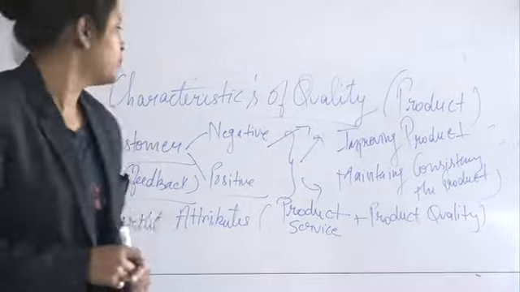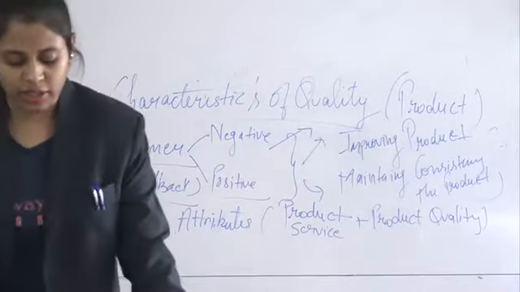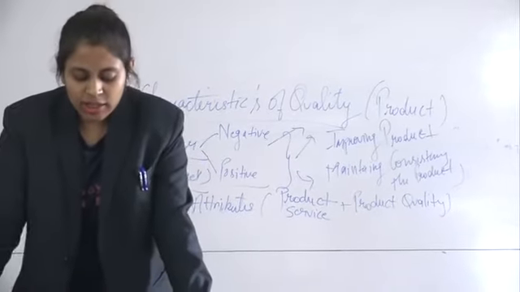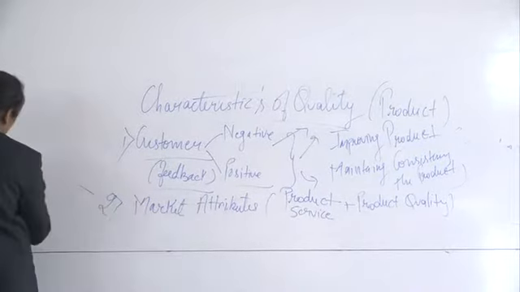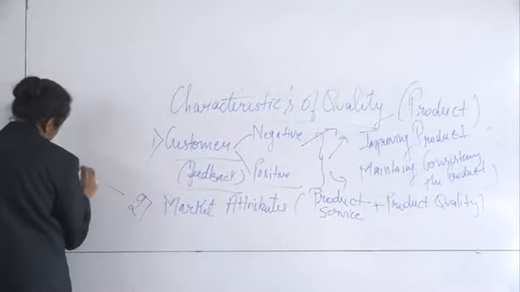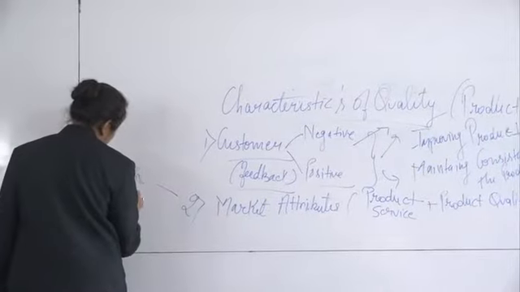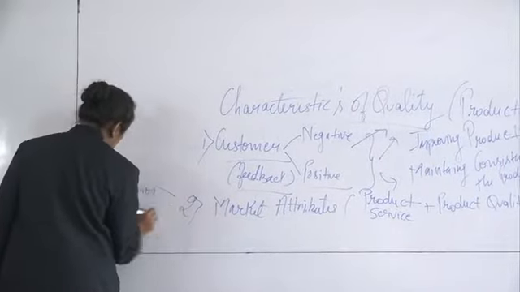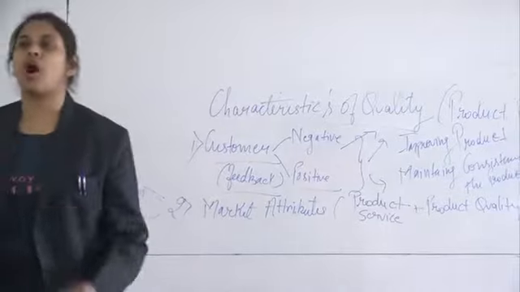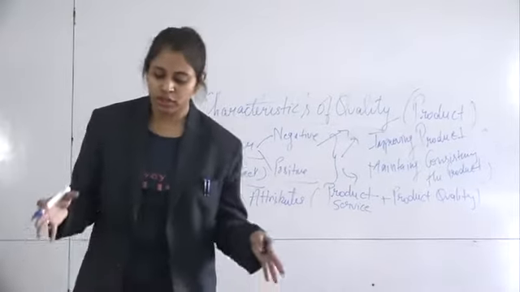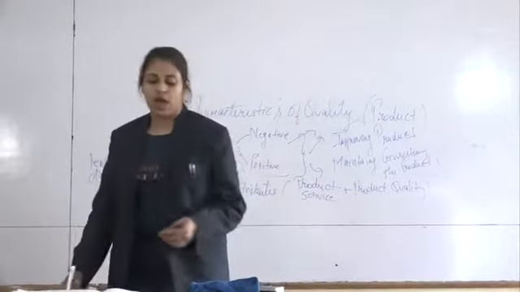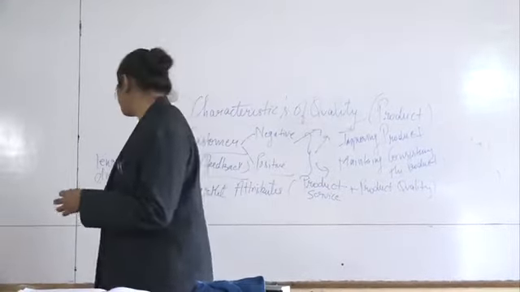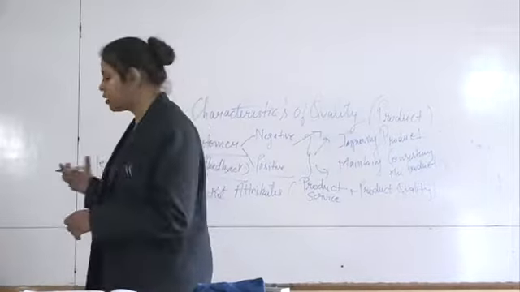Please write down the market attributes accordingly. First is technical. Technical decides market length, dimensions of the market, as to whether the market is small or large. Then viscosity, which is the quantity of the product or the market.